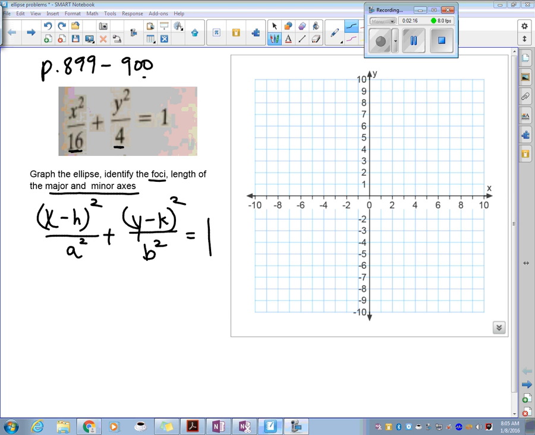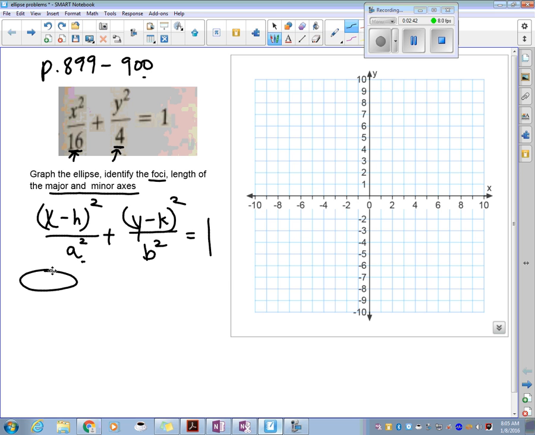Again, this one has an orientation that's elongated so that the major axis is parallel to the x-axis because a squared is larger than b squared, and a squared is under the x. So if you look at this, it tells us that a squared is 16.